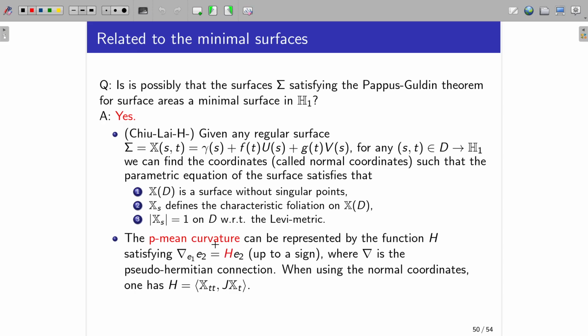When using the normal coordinates, we can get the formula for the P mean curvature, which is the second partial derivative of the surface along the t direction, and we dot with the J applied on x_t.